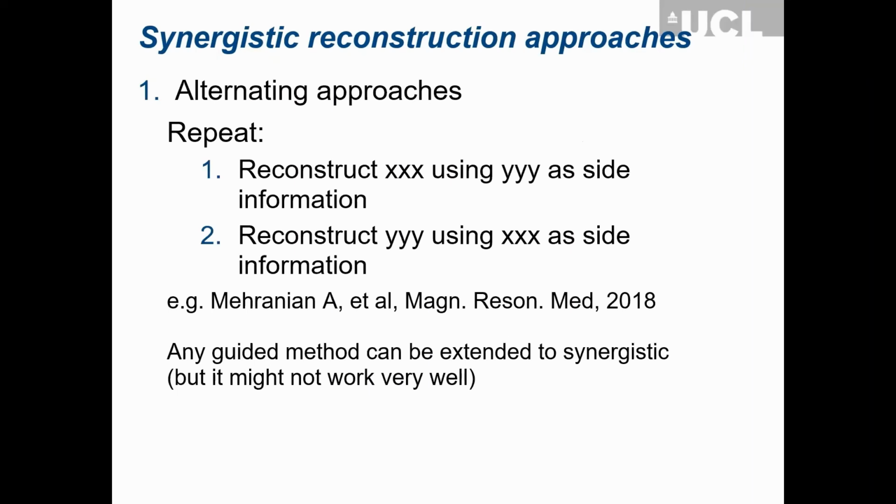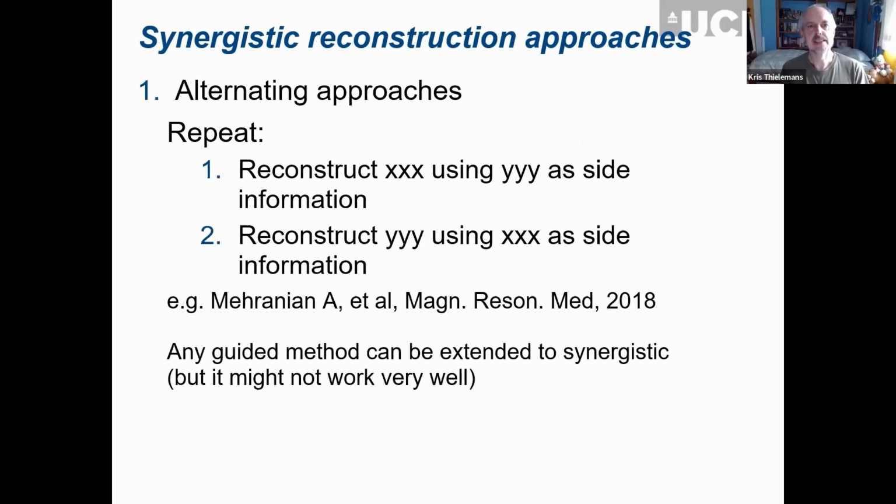The approach that Andrew explained to you at the end is an alternating approach, as he said. You might have two images that you want to reconstruct. You can reconstruct X where you know Y, and you use Y as side information or as a guided reconstruction, and then you go back to reconstructing Y once you know X, or maybe there's a Z as well, then you just have a third one over here.